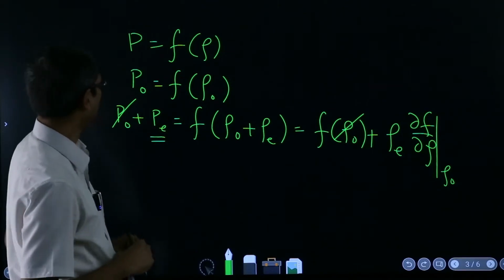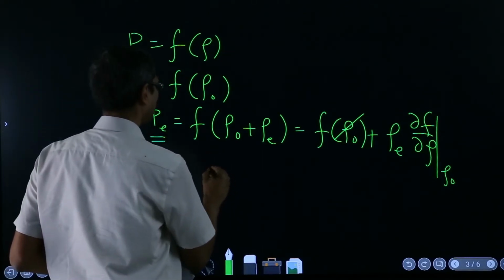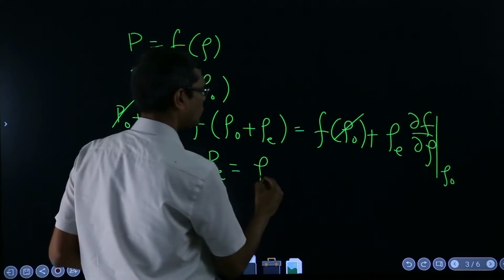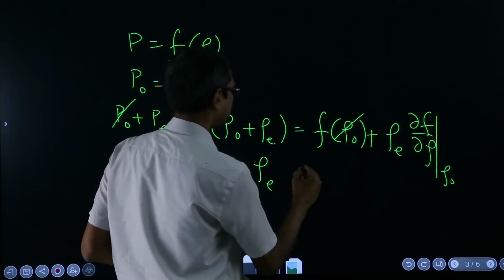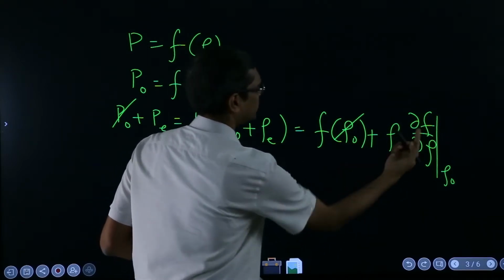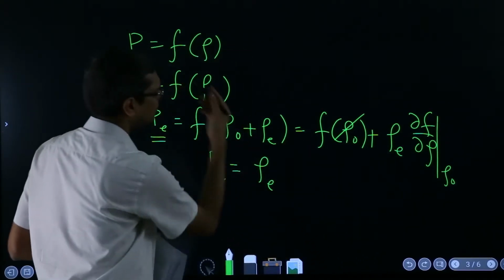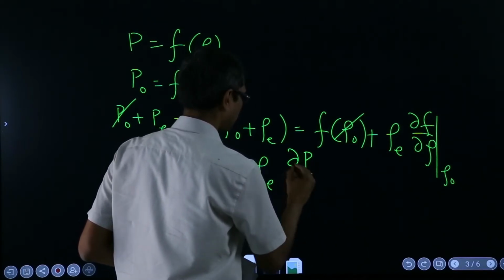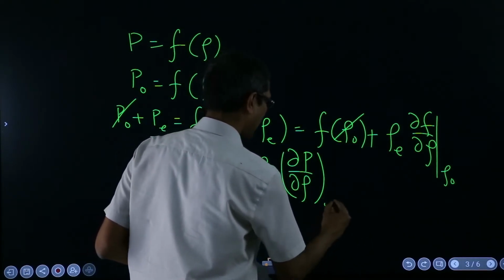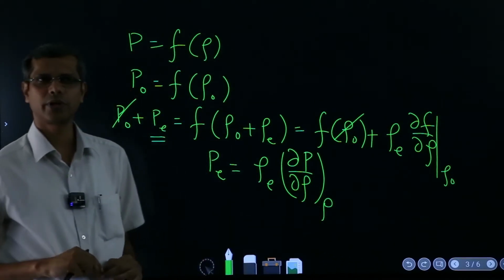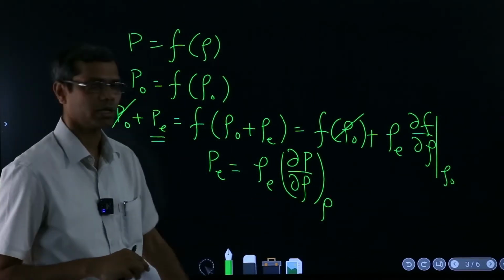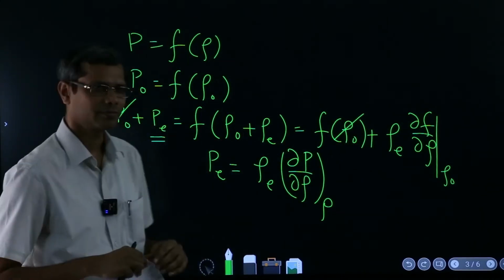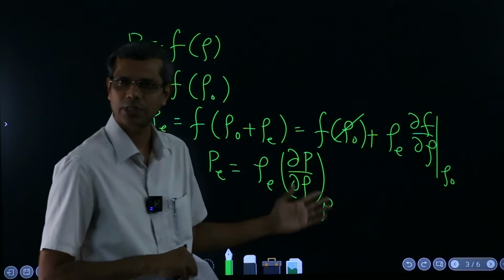So we have your excess pressure is rho excess, and so this I will now write, you can say dp over d rho sort of thing, at the equilibrium condition. This f is nothing but the p only, whatever. You can write f also, doesn't matter.